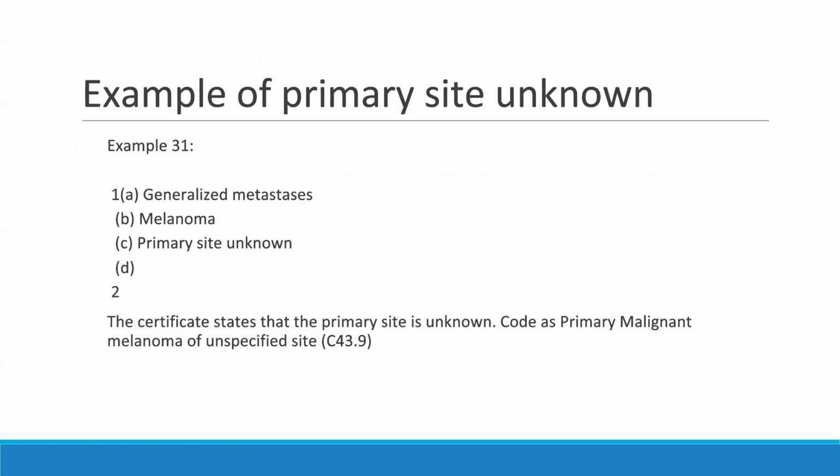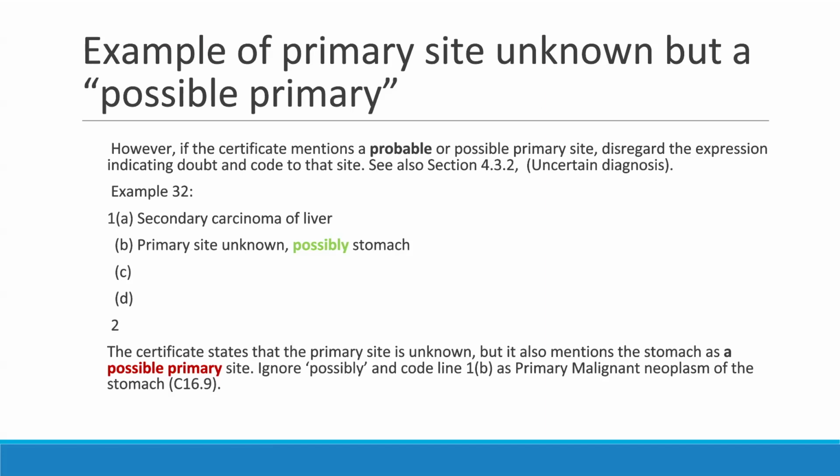Rules and guidelines for mortality coding guide the coder to code the primary malignant melanoma as primary malignant melanoma of unspecified site, C43.9.